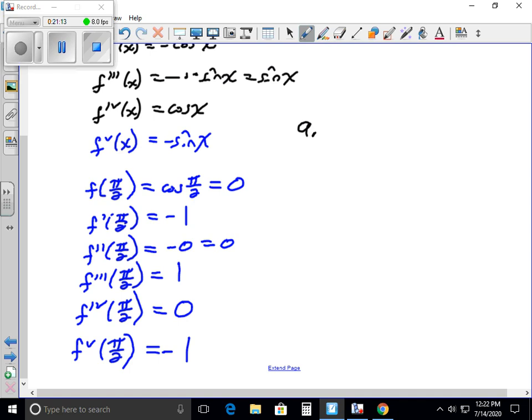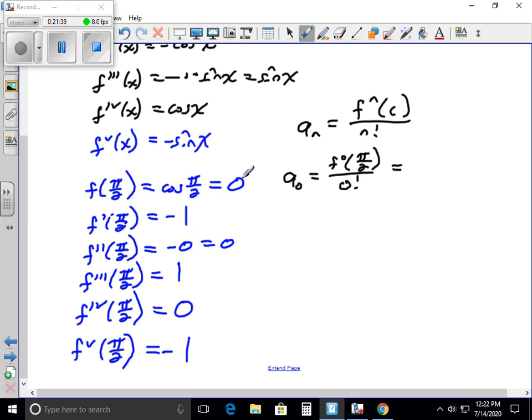Remember, A sub n is the nth derivative evaluated at c over n factorial. So A sub 0 is the 0th derivative at pi over 2 over 0 factorial. Well, the 0th derivative means we haven't taken a derivative, it's just our function.